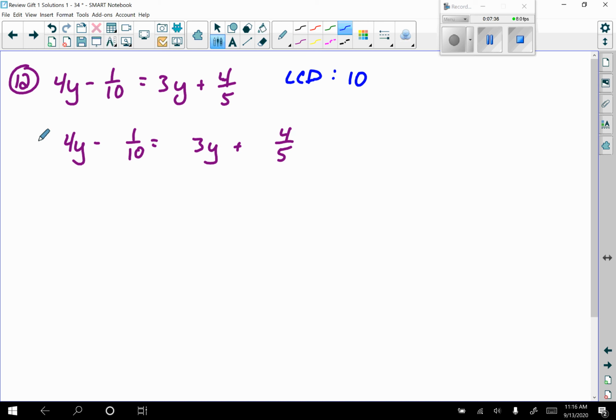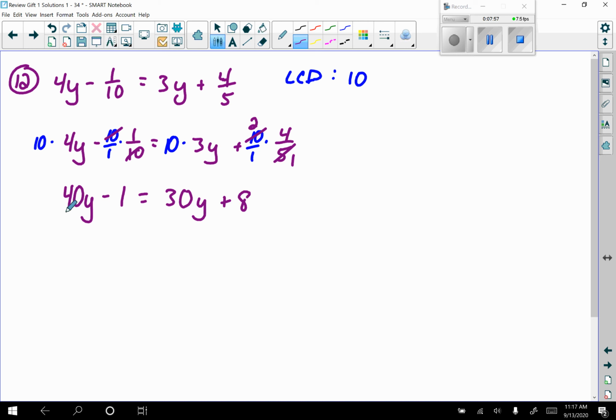I'm going to write a 10 over 1 in front of everything if I see a fraction. All right, so now this will become 40y minus, the 10s divide out, so I'm left with the 1, equals 30y. And over here, 5 goes into itself, 1 into 10 twice, so I'm left with an 8.